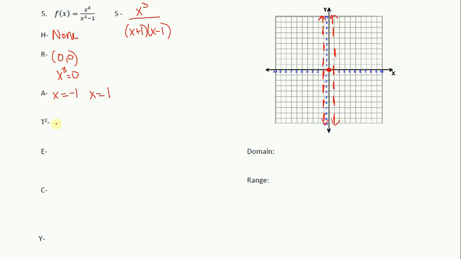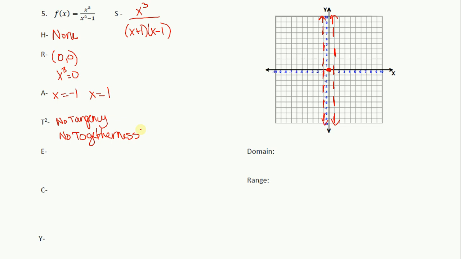Tangency. Now notice, guys, you're probably saying, well, there are duplicates in the numerator, but it has to be an even number of duplicates. So just because this is x cubed, that's not an even number, that's an odd number. So we have no tangency, and we also don't have any togetherness either because there are no duplicates in the denominator.